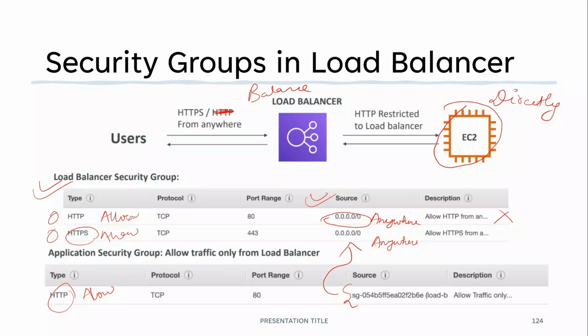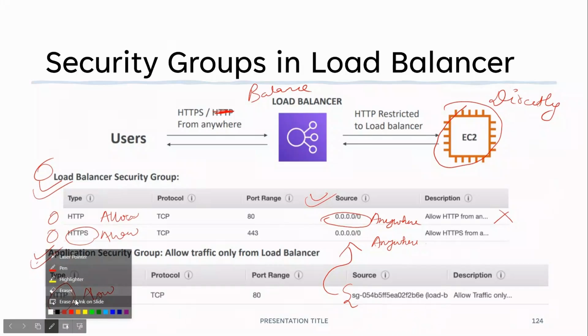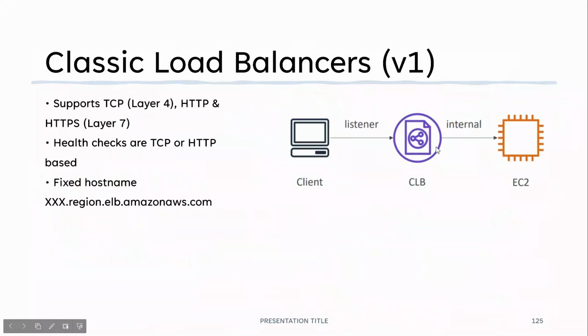Okay, so you have a load balancer security group and an EC2 instance security group. The load balancer security group accepts all of the traffic from the world, and your EC2 instance security group only accepts the traffic from the load balancer's security group. That's what I mean in this particular scenario, and we are going to see everything in action.